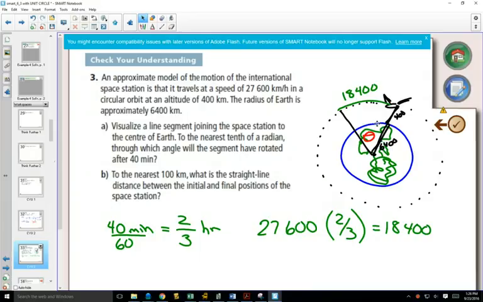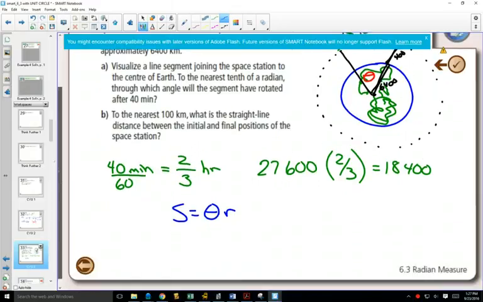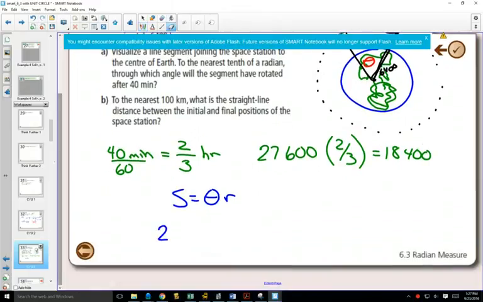Can we notice that this is an arc length question? We know the arc length. We know the radius. We want to find the angle. And we have a nice arc length formula. This formula on our formula sheet, which we simplified, is the formula that only works if it's in radians. And since we want to find it in radians, we can plug in. We know that our arc length is 18,400.